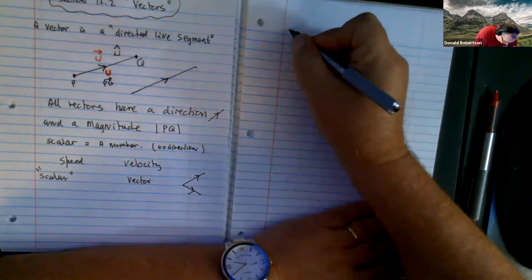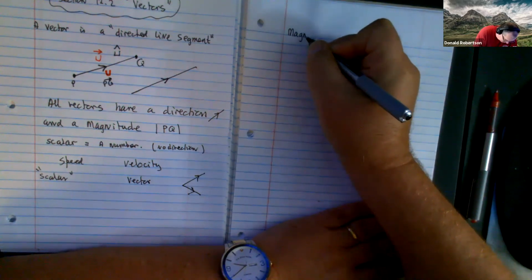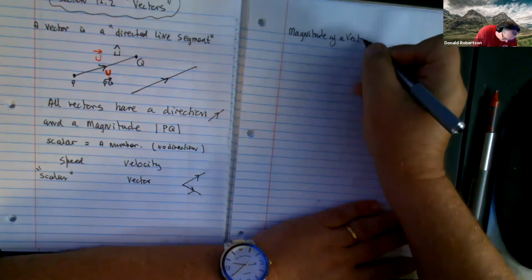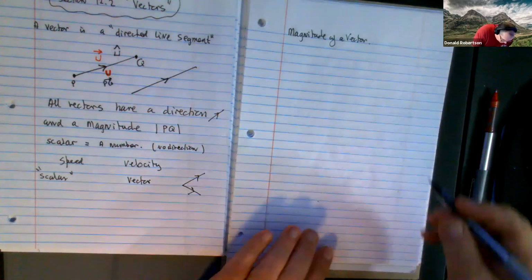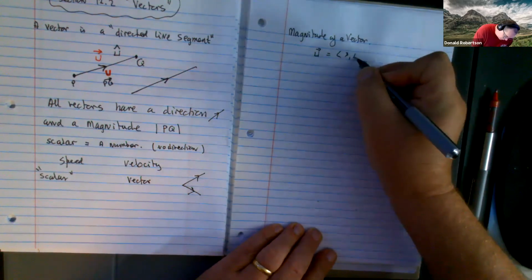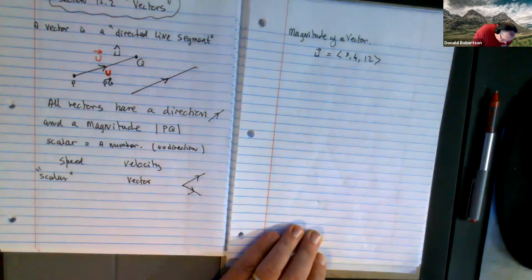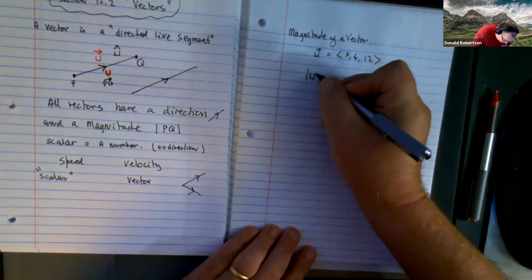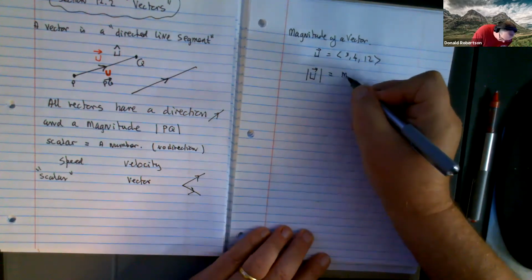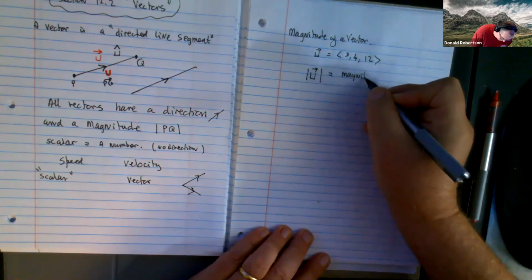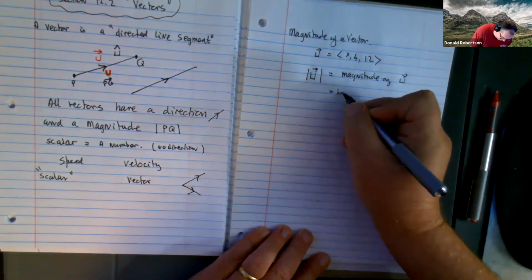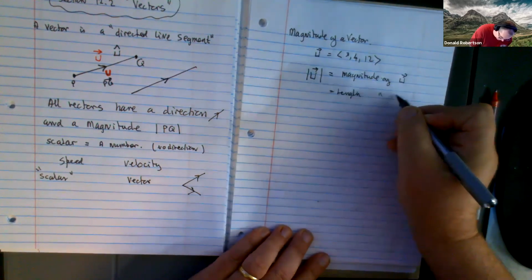So let's now look at what's called the magnitude of a vector. If you have a vector called 3, 4, 12, then the magnitude of a vector is that. And the magnitude of a vector, isn't it the length of u?